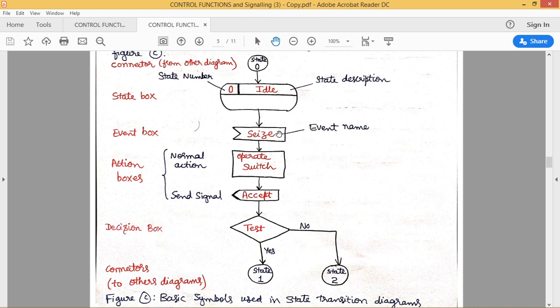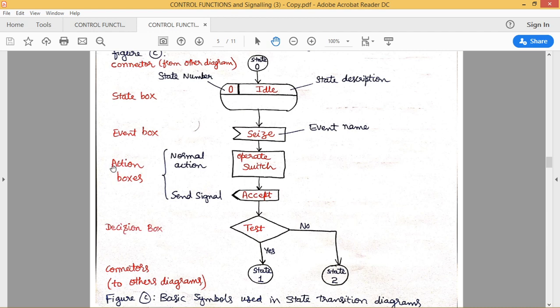Similarly, if it is on this side, it indicates a backward signal. So this defines the event, and that's why it is called an event box. Indented means the box has an arrow inside it, on one side or the other.